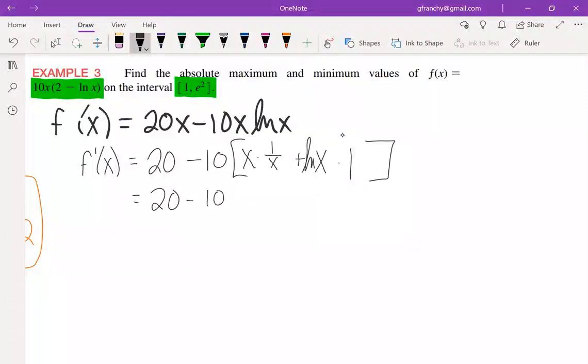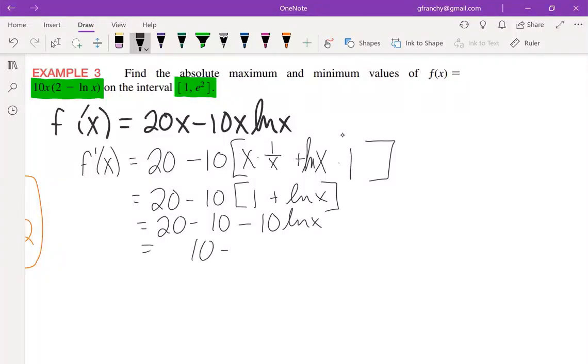So that's going to be 20 minus 10. Let's clean this up a little bit. That's going to be 1 plus natural log of x. And distributing the minus 10, that's going to be 10 minus 10 log x. That is our derivative.